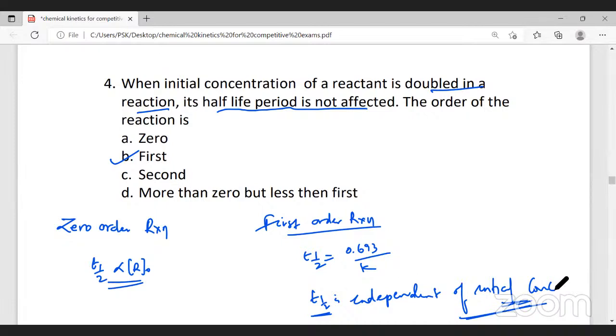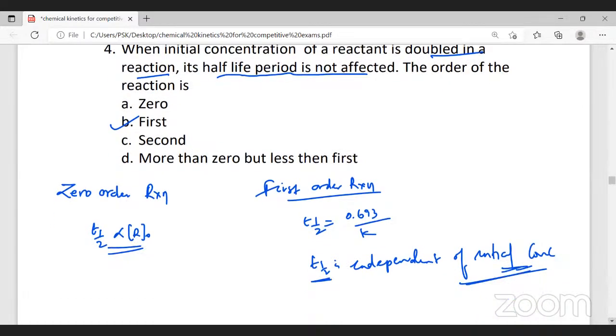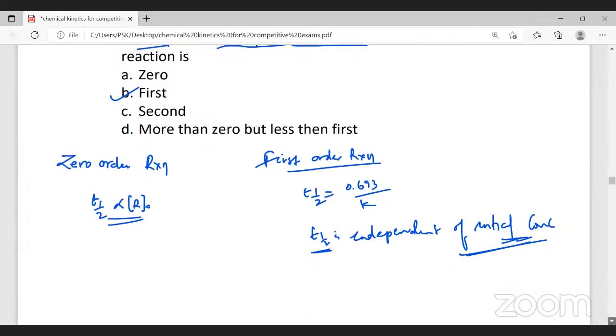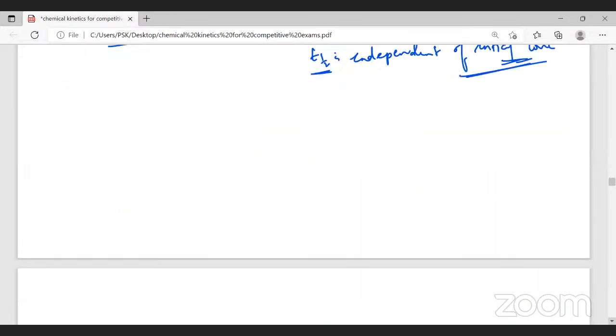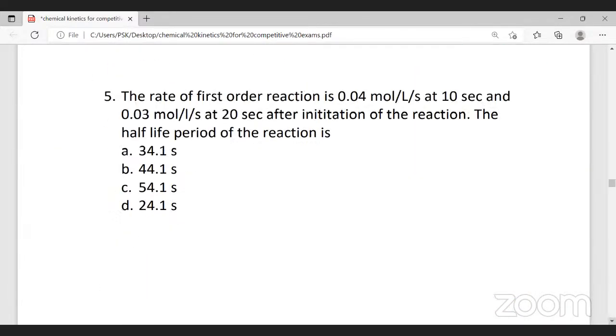Therefore, we say it is a first order reaction. Followed? Yes, sir. All right.